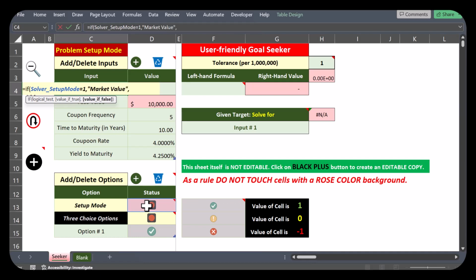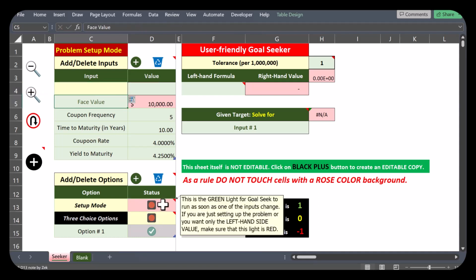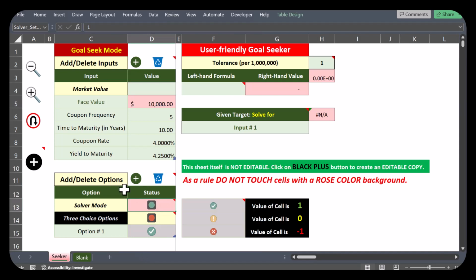So if I'm in the solver mode, that means I'm solving for something given the market value of the bond. So I need to enter that here. And right now, I'm just going to leave it blank. All right. And let's put it back to the setup mode.